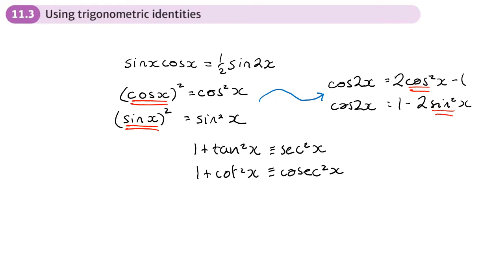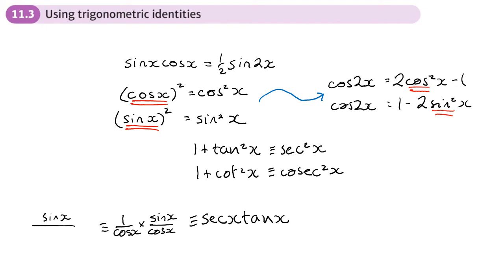So for example, you might have something that becomes sec tan. Sec tan is in the list, but you might have something like 1 over cos x times sine x over cos x, which may have been something like sine x over cos squared x.